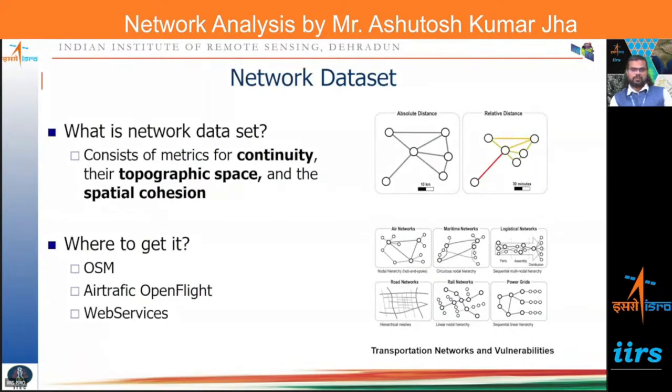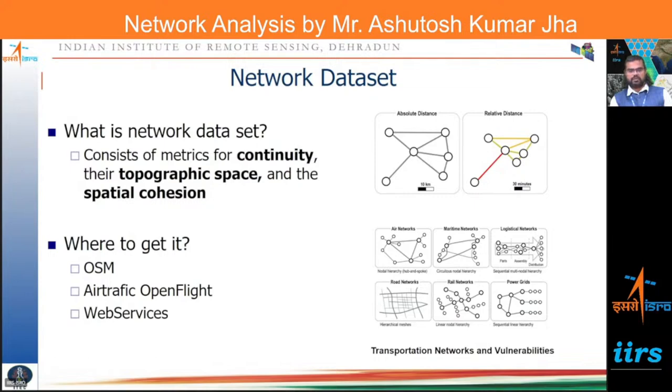All these network data sets should contain additional information related to continuity, that is, topologically connected components, that can be used for finding out how they are connected through spatial relationships in your network.